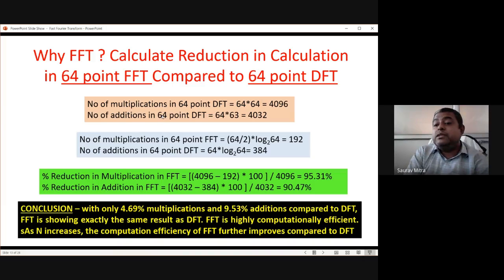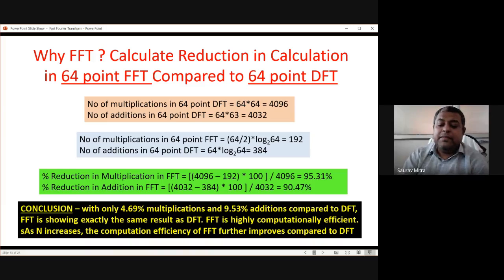You can calculate for 1024 points, and you will find these values further reduce. That means as the number of points of a DFT or FFT increases, the computational efficiency of the algorithm also increases. So with 1 or 2% multiplication or 3 or 4% addition, FFT is going to give you exactly the same result in the frequency domain.